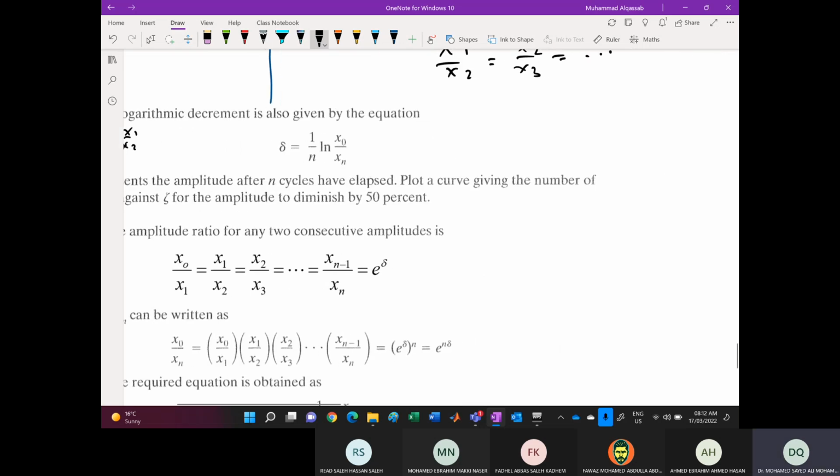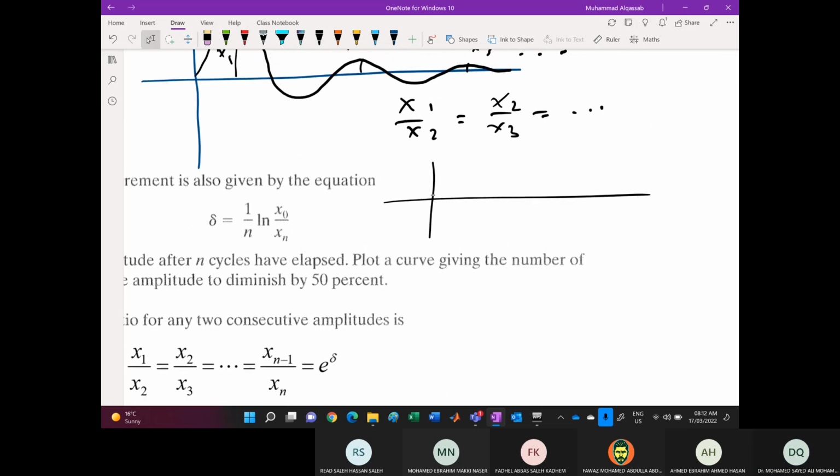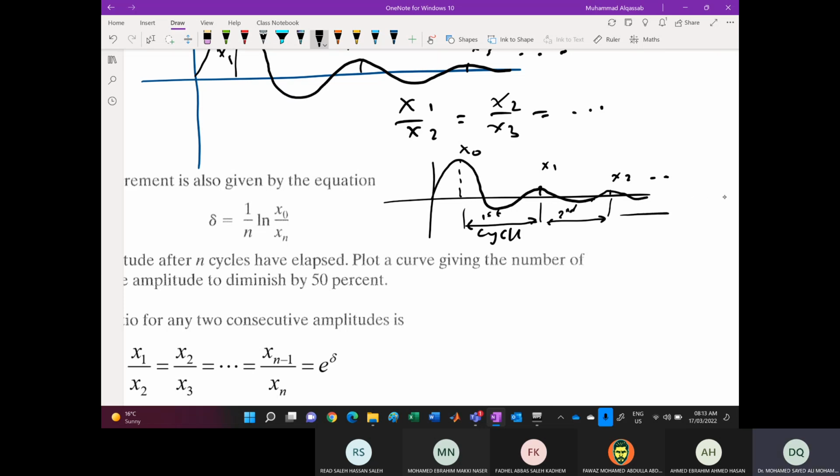Now x0 means, you can say this is x0 and this is x1 and this is x2 and so on. X0 is the amplitude of the first cycle. This is the first cycle. And x1 is the amplitude of the second cycle. X2 is the amplitude of the third cycle.